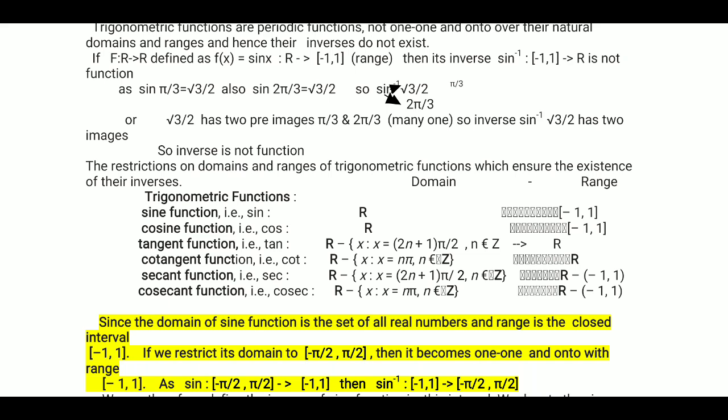Trigonometric functions and their domains and ranges are here.